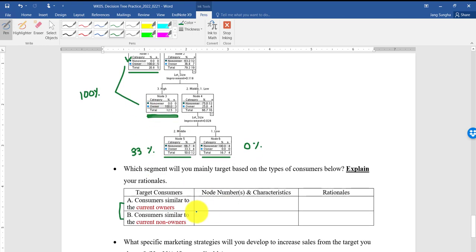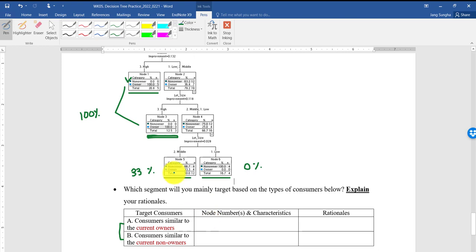Okay, so if you want to target consumers who are similar to the current owners, you may want to target segment 1 and 3, and I already explained their characteristics and rationales.